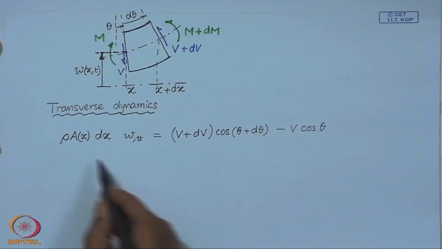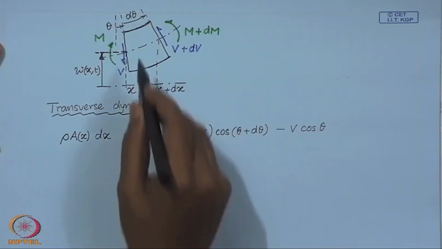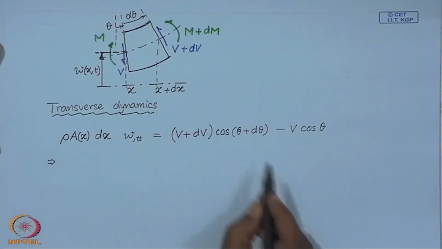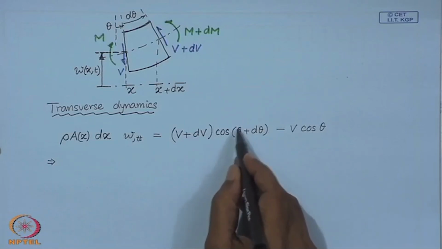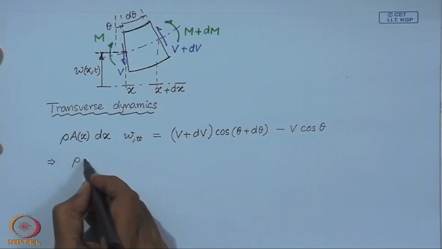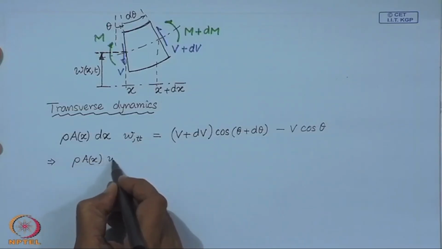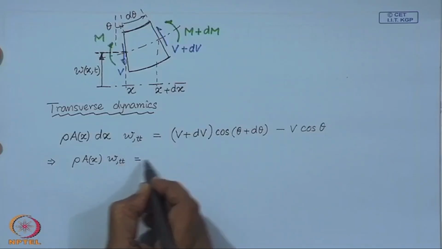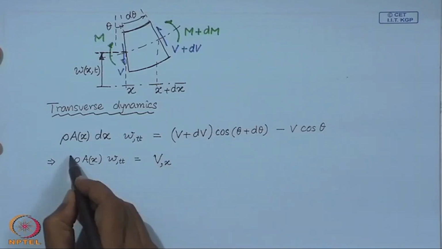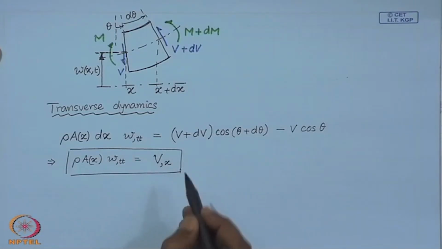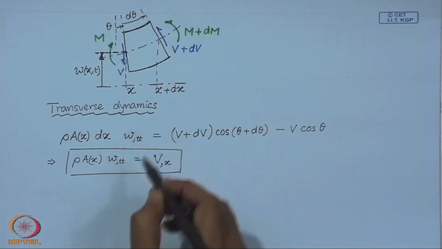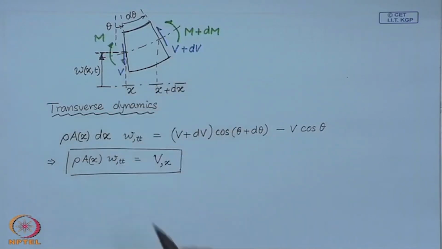So, I have taken the projection of these forces in the transverse direction, and if you divide by dx and consider that cos theta is approximately equal to 1, then this is the equation of transverse dynamics for the beam element. Now, along with the transverse dynamics, I will also write the rotational dynamics.